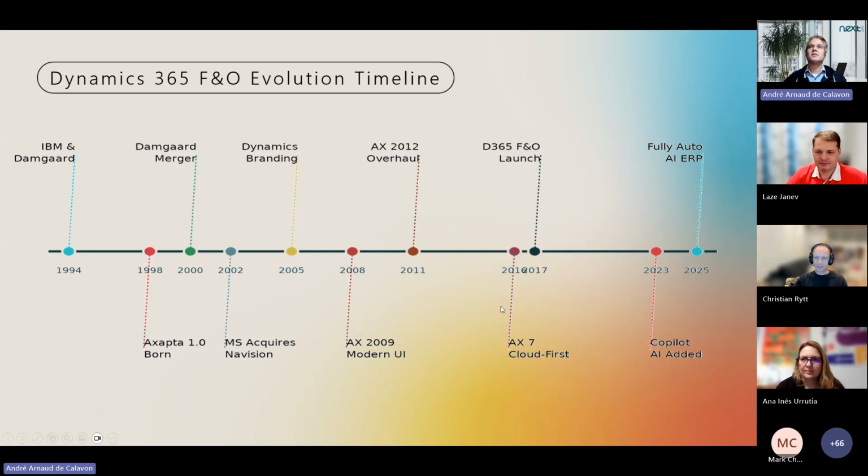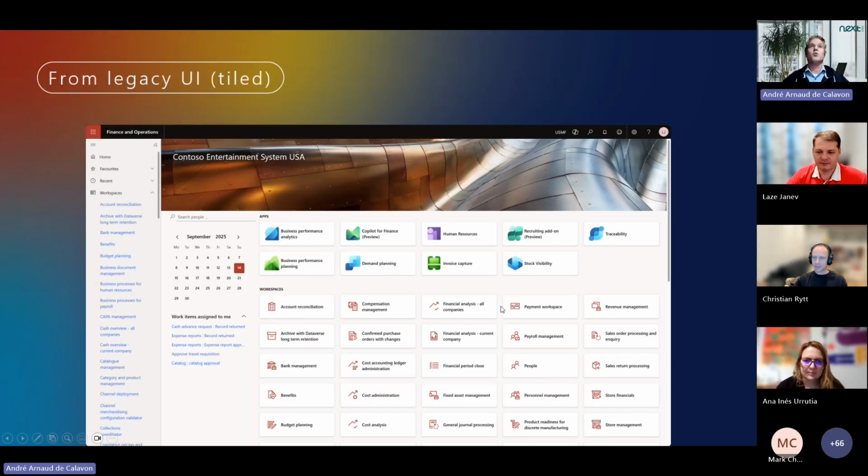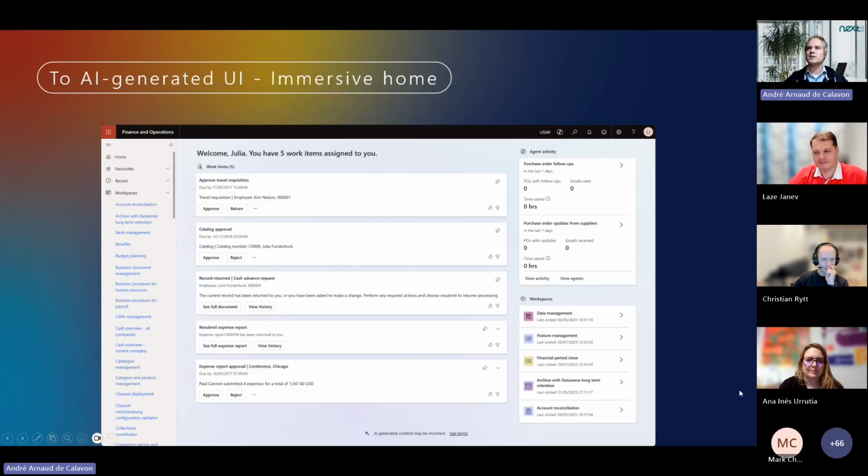So if you look at what we had until now, the application with the main menu at the left side, we had a lot of tiles in the workspaces, and if you were a system administrator, you had too many workspaces, too many menus, but with security rules, you can trim it. But this is just static information, and Microsoft wants to change that, and that's what Laze will explain here.